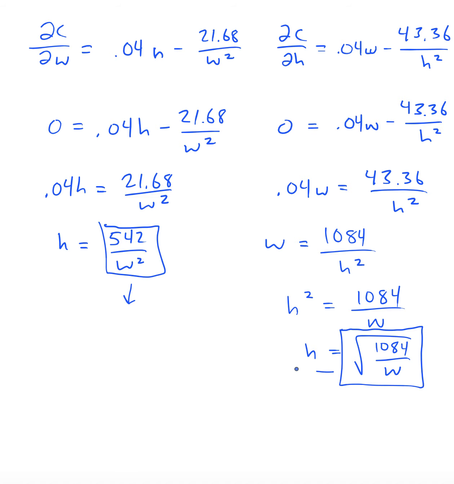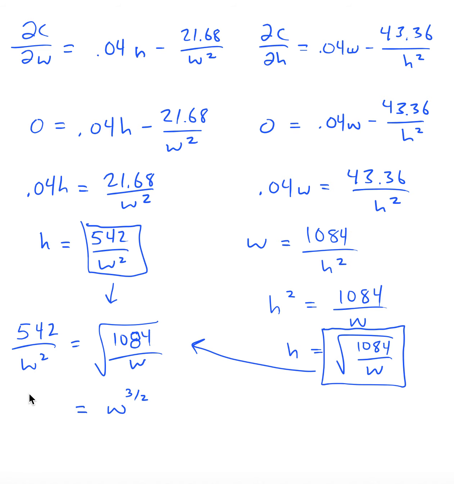So we'll get 542 over W squared equals the square root of 1084 over W. And now we'll just solve for W. I get that the width is 6.47 centimeters.